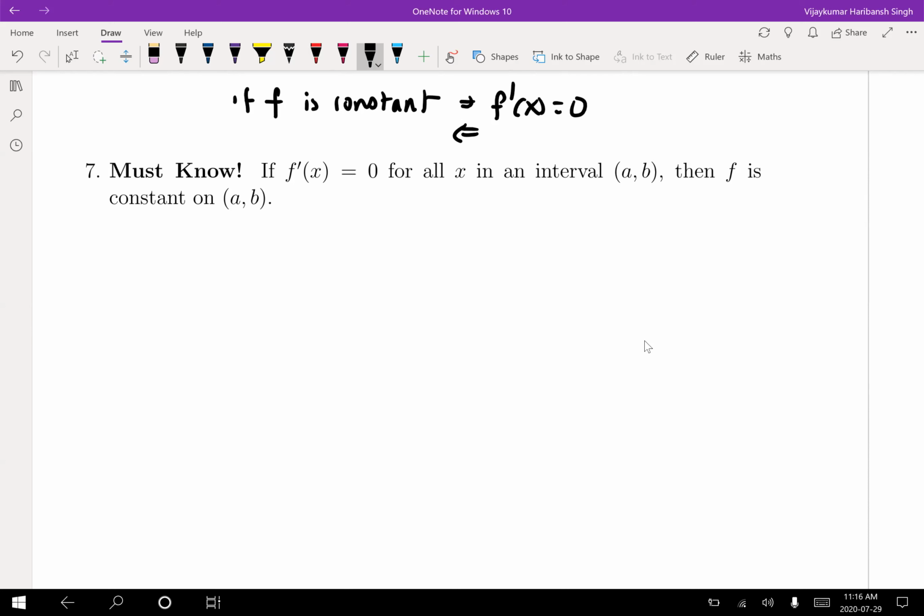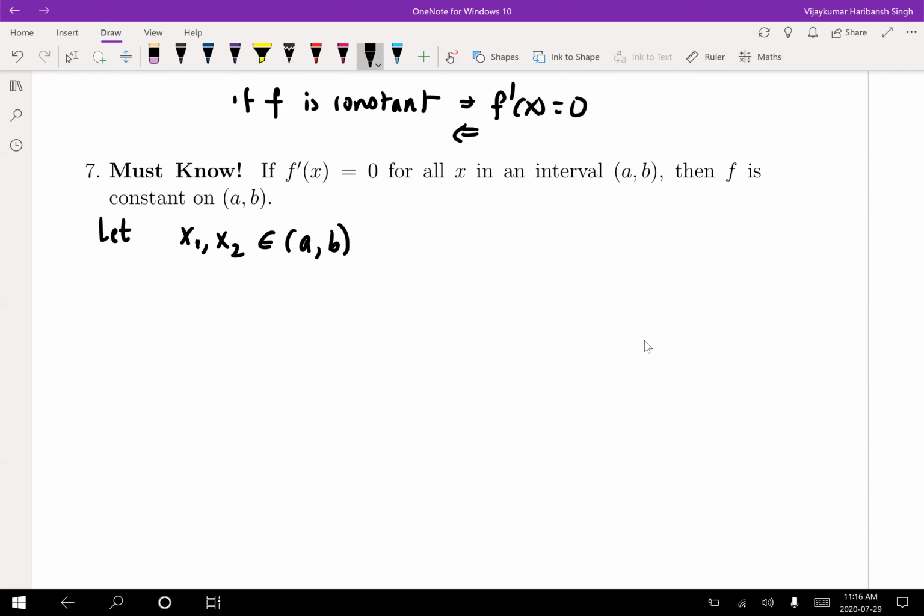So how do we go about it? What do we want to show? That it's constant. Let x1 and x2 belong to ab.